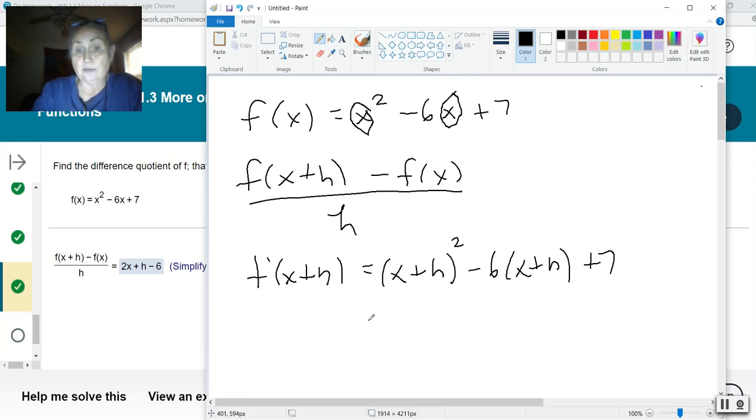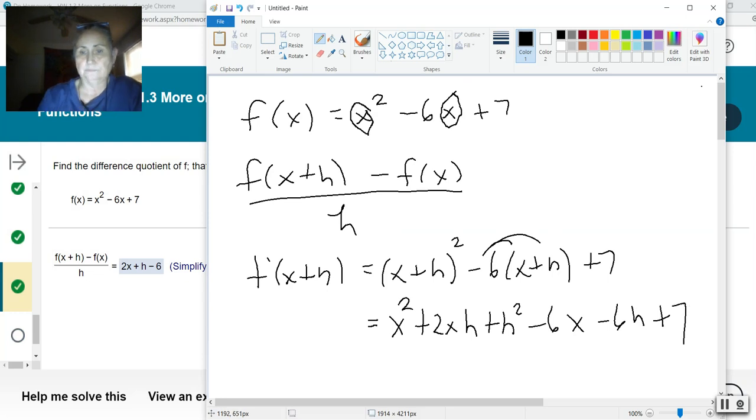Now, memorize x squared plus 2xh plus h squared. Then this is going to get distributed: minus 6x minus 6h plus 7. Now, the first time, nothing is going to add together. If your original polynomial or function is simplified, there won't be any simplifying down here once you put in the x plus h.